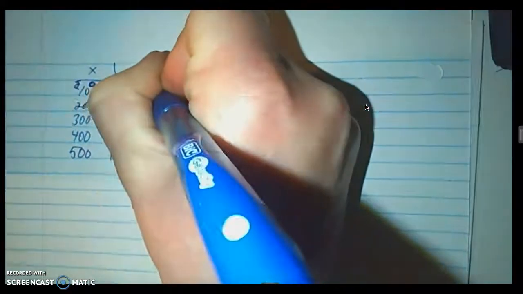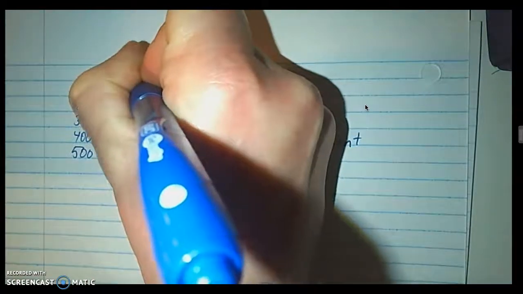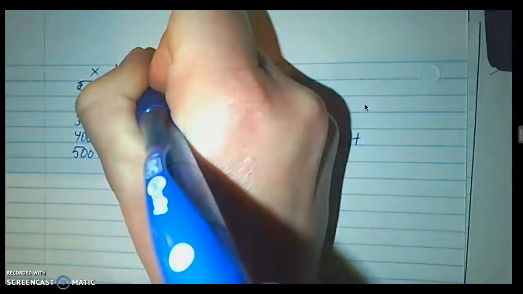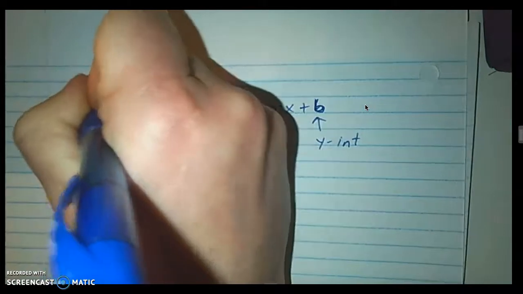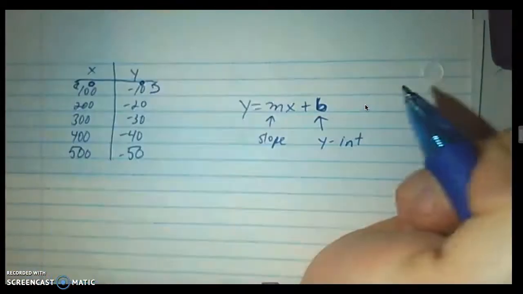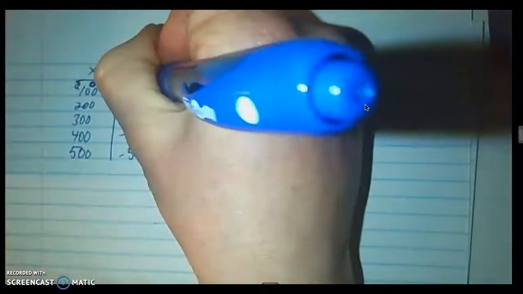So if I went up by 10, that would take me back up to 0, which fits the pattern, right? Because now I go down by 10 every row here, including if I start at 0, and I go up by 100 every row here, even when I start at 0. Okay? So what that tells me is that the y-intercept is 0.